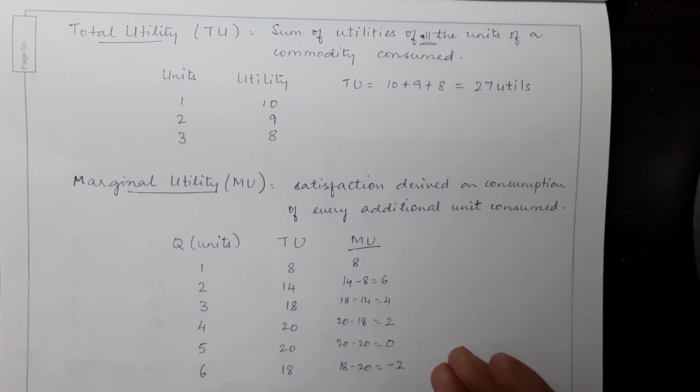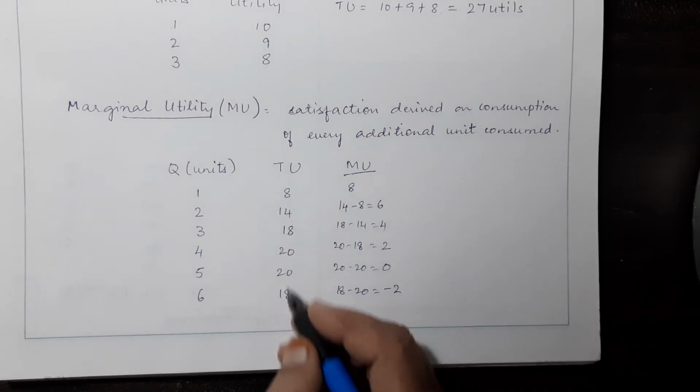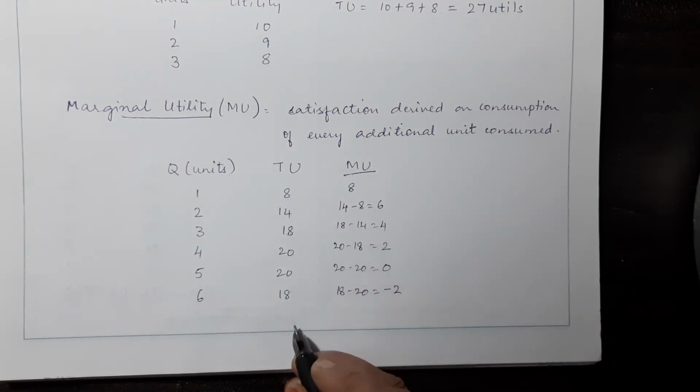Now if we try to write down the formula, total utility is the sum of the utilities.